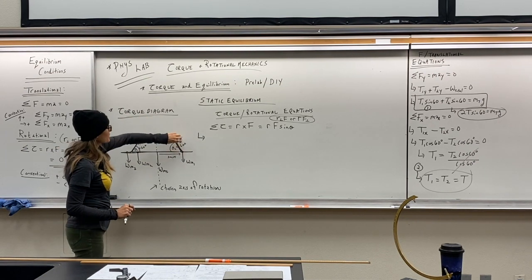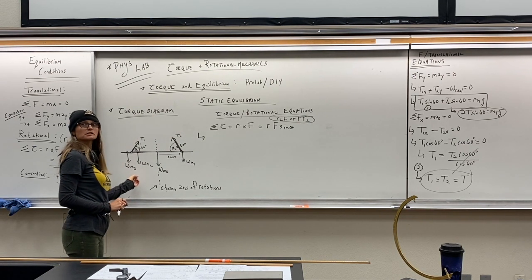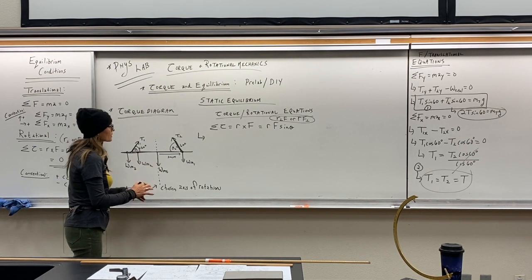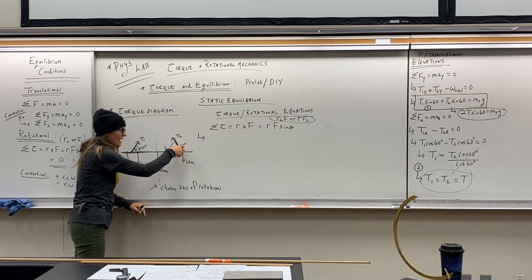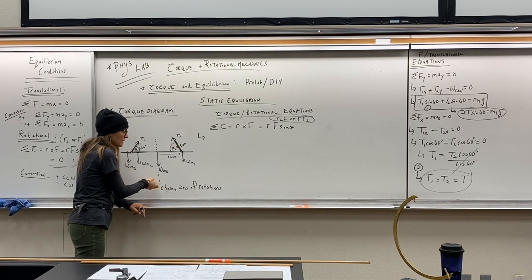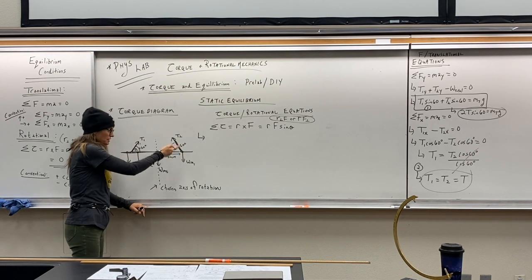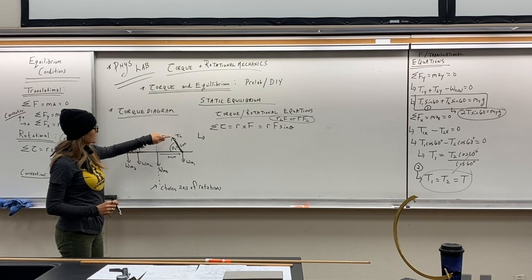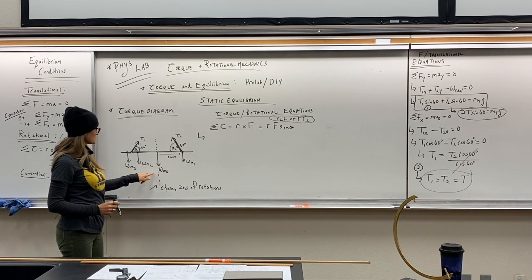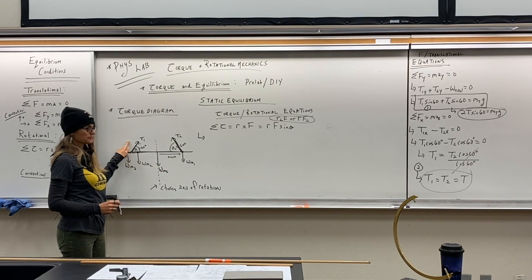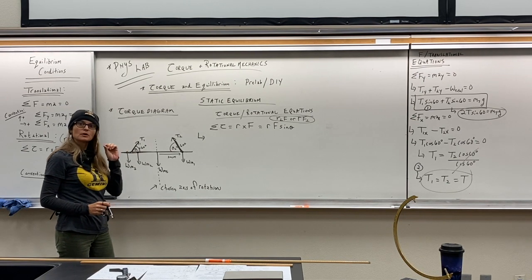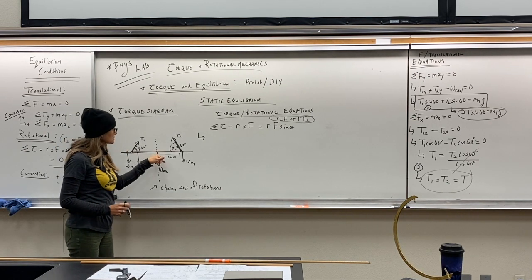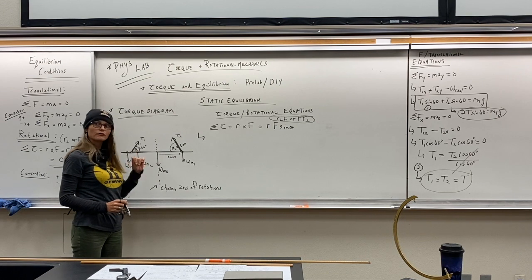So T2 would make it go in a counterclockwise direction, so it would be positive. Whereas the weight from mass 1 will produce a torque that will make it rotate in a clockwise fashion, and that will be negative. So I'm going to start with T2. So each one of these forces produces a torque on the meter stick, okay? So it's important I know the distance from the axis of rotation and the force.